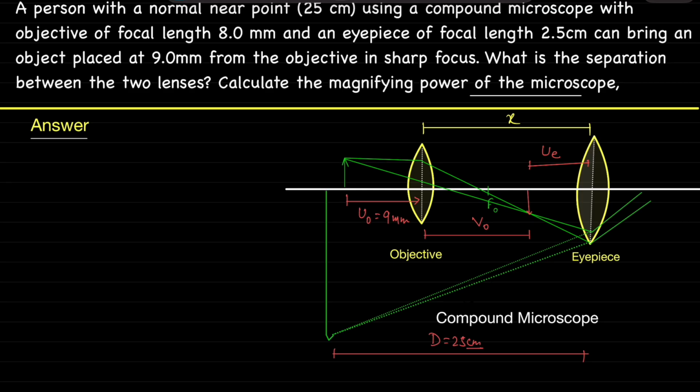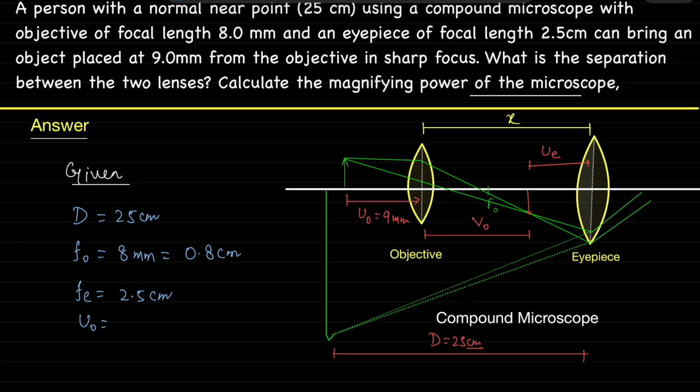So let's note down the given values. So here D is equal to 25 centimeter. FO, focus of the objective, is 8 mm equal to 0.8 centimeter. FE is equal to 2.5 centimeter.